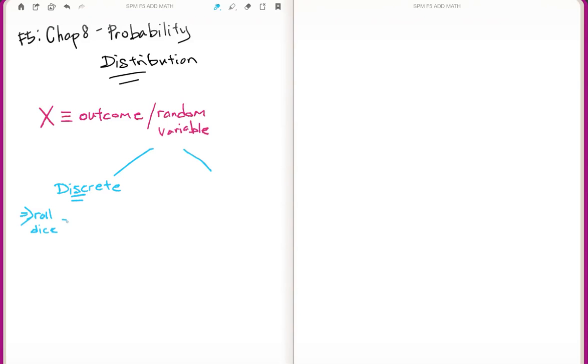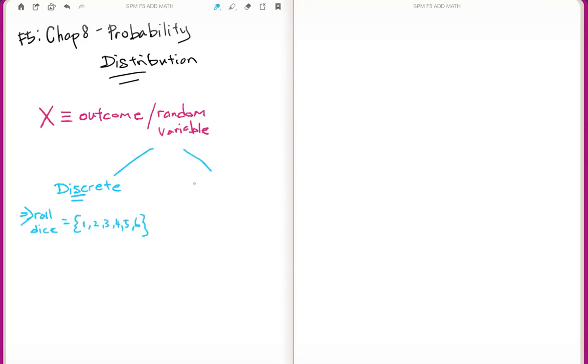So if you roll a dice, the possible random variable will be either 1, 2, 3, 4, 5, or 6. There's no way by chance that you will get 1.5 or 6.9. If it is discrete, then it will be a round number. This discrete random variable will be called binomial later, because we will talk about that later.